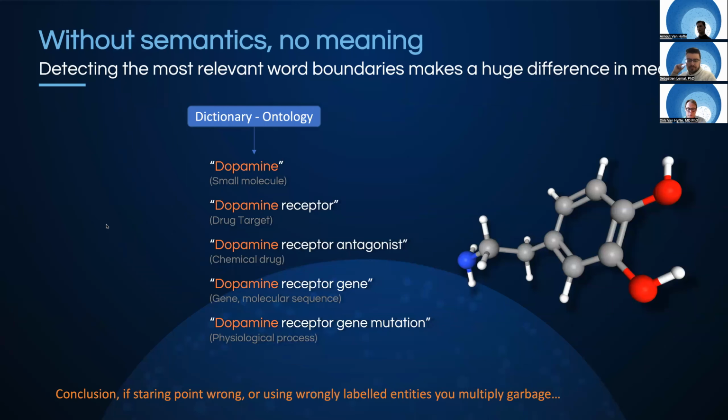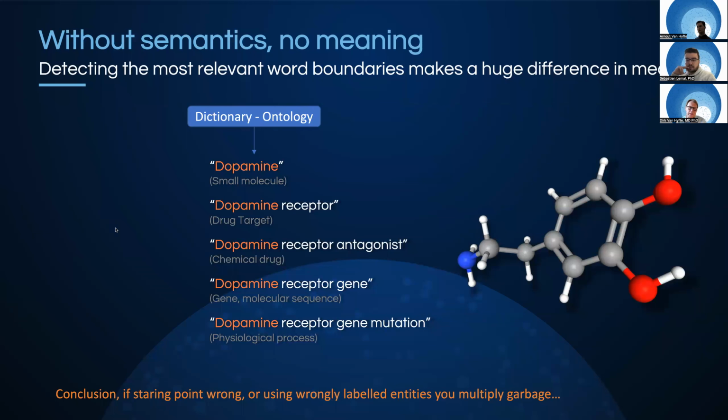And that's an important part, because if you already start making mistakes in having the right semantic labeling of your word groups, then later on in your process, once you want to start looking for certain relations, it becomes problematic.